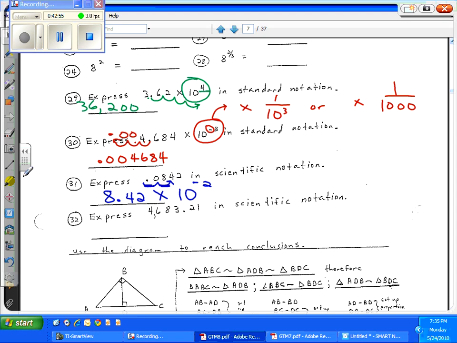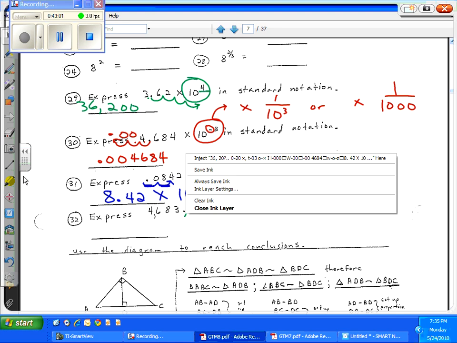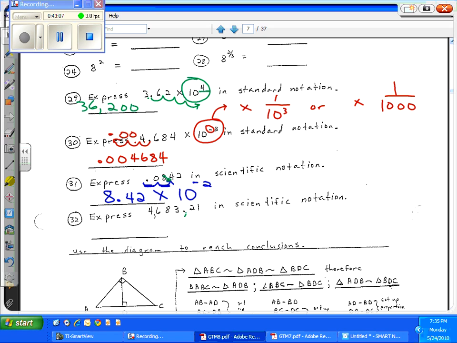All right, to put this in scientific notation, again, we're going to shift our decimal so that our decimal is after the first whole number. So we're going to move it 1, 2, 3 places. So we know this is going to be 4.68321, which could be rounded to 4.68, times 10 to the something.